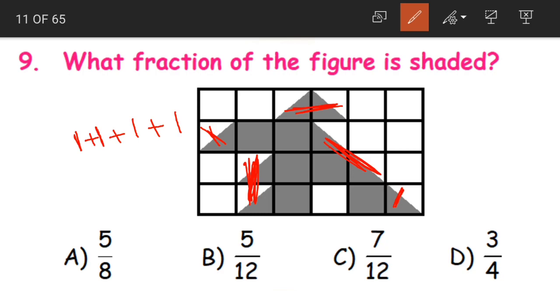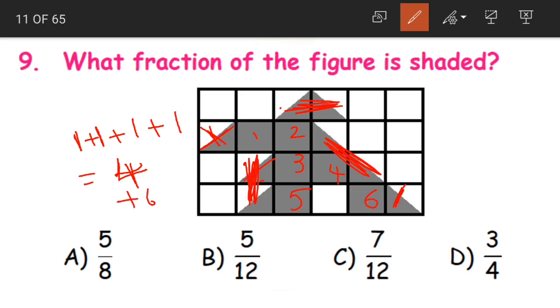So, by understanding the half shaded parts, what did we find out? That there are 8 half shaded boxes, which is nothing but equal to 4 fully shaded boxes. Now, apart from these, we are having 1, 2, 3, 4, 5, 6 fully shaded blocks.